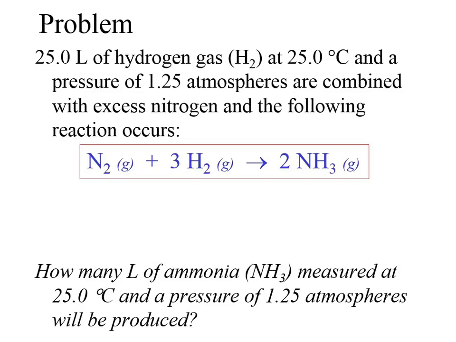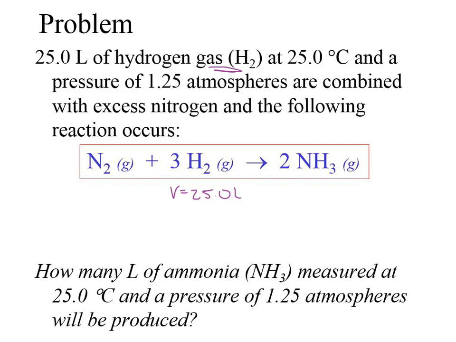All right, one more, and there's a twist to this one too. Let's go ahead and do like I've been doing, and I'll try to be careful about it. So dealing with the hydrogen, we're given the volume V is equal to 25.0 liters.